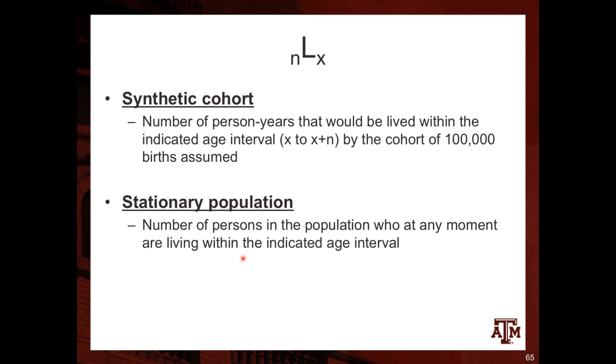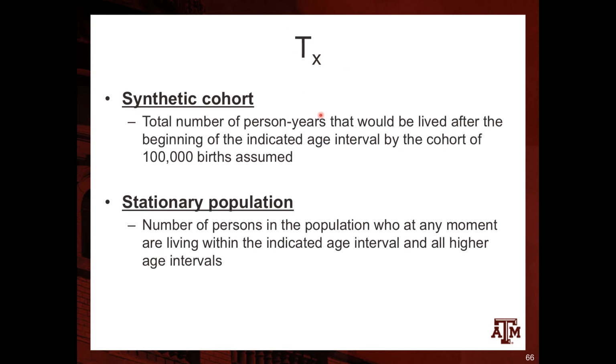So if age-specific fertility rates and age-specific mortality rates are stable over time, you would expect that you would have that number of people in each one of the age groups as expressed by the big L column.